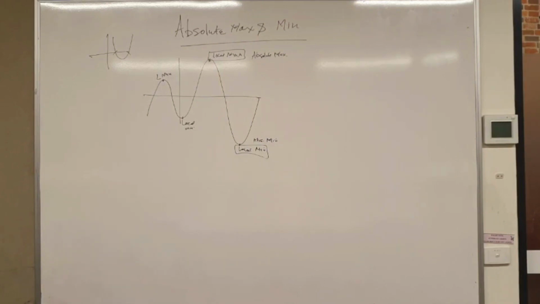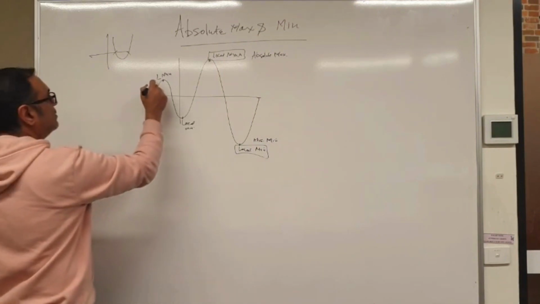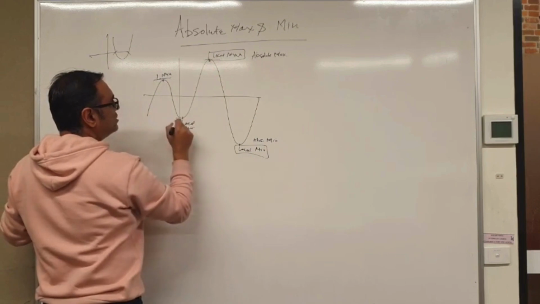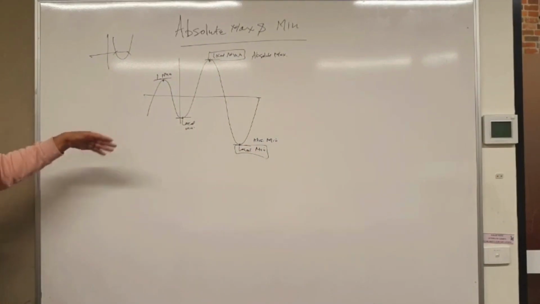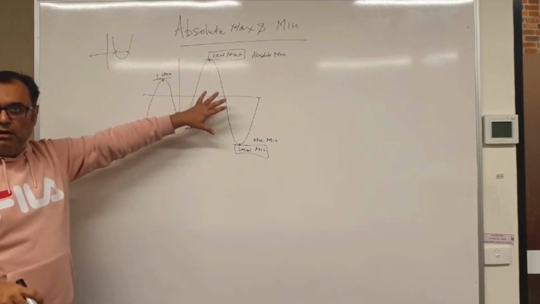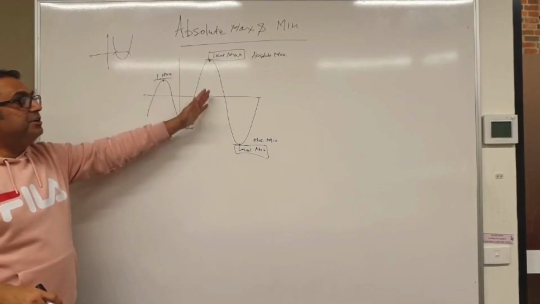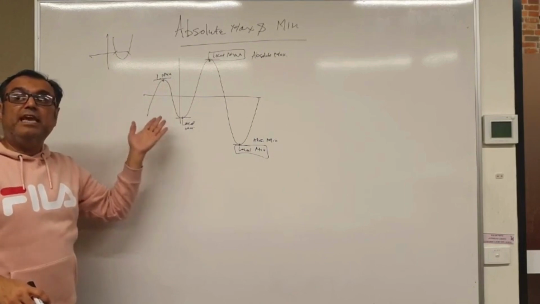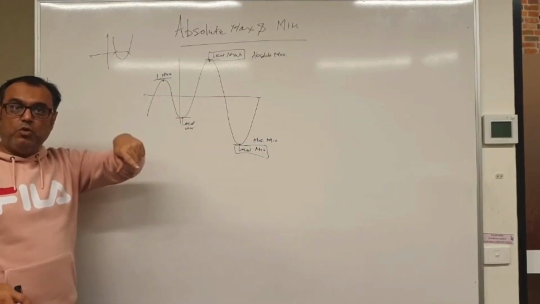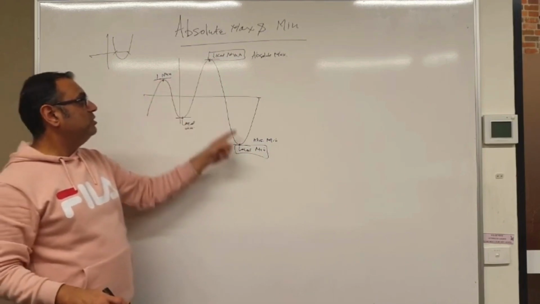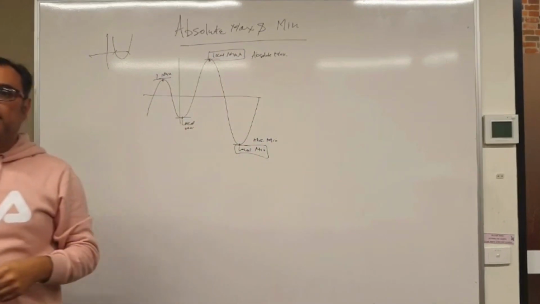Alright? At these points, if you draw tangents, the slope of the tangent is 0. That means if you're given a curve and you take the derivative of that curve, equate it to 0, that will start throwing you these maximum min points.